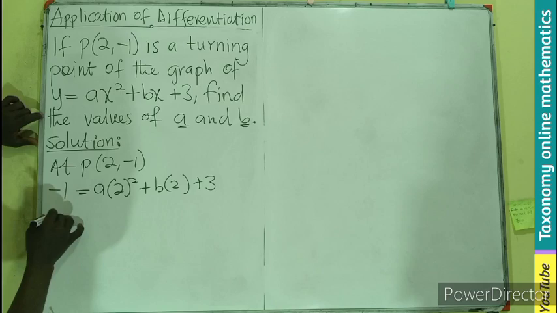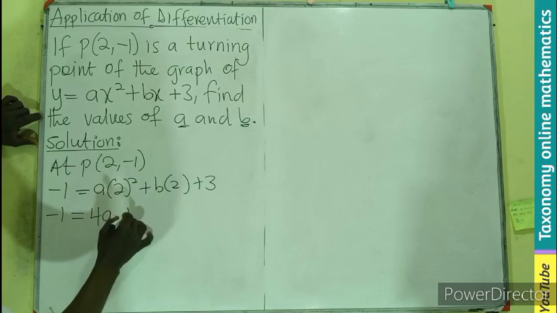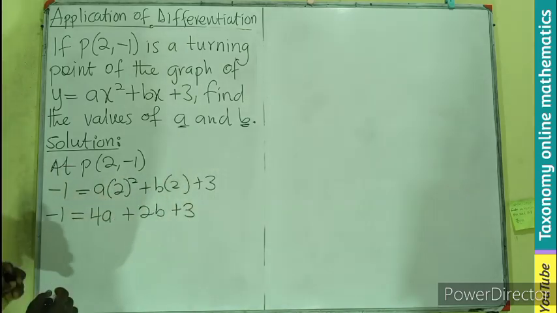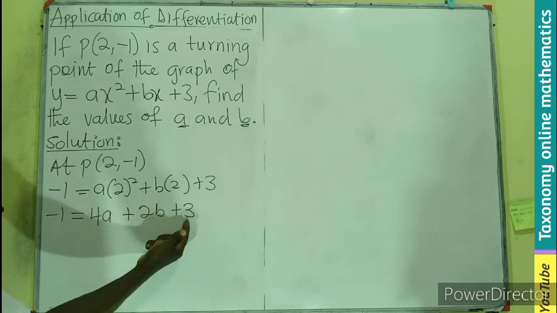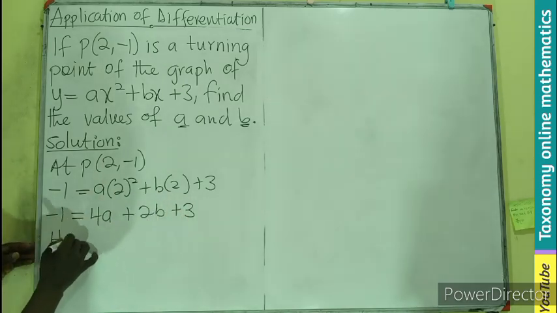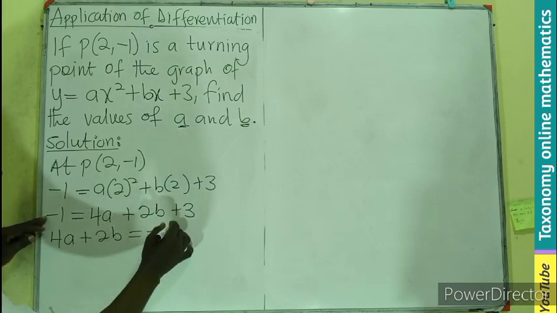That will leave us with -1 equals 4a plus 2b plus 3. If we send this here, it becomes minus, so I'll be having 4a plus 2b equals -4.